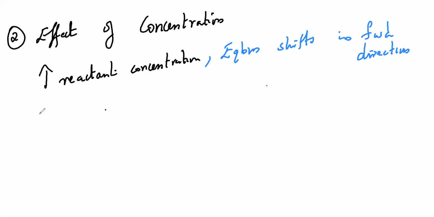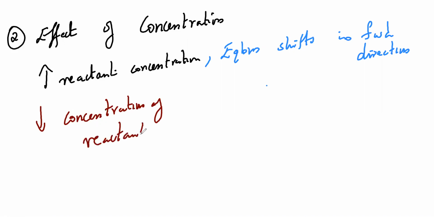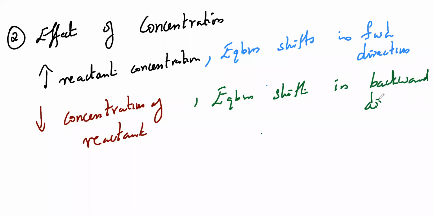Suppose I am decreasing the concentration of the reactant, then equilibrium will shift in the backward direction. Even in entrance exams, they can try to confuse us and ask these things, so we have to be very confident about them.